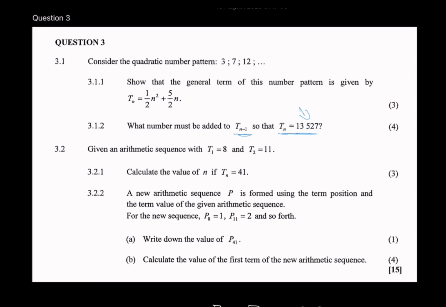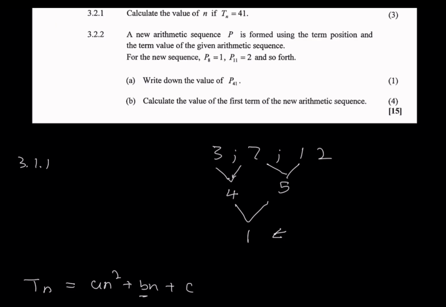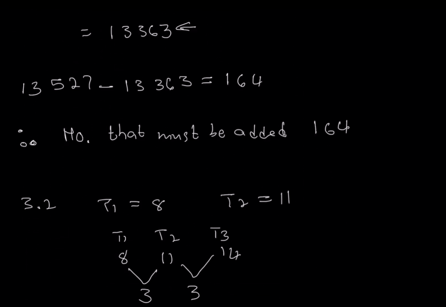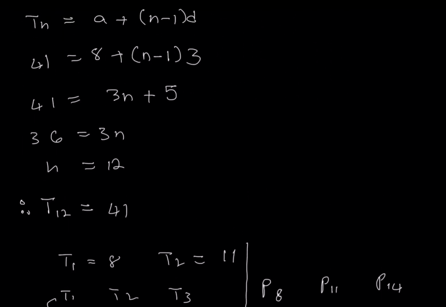And they even gave it to you. So now they're asking, write down the value of P41. Remember, what did we do above? We calculated T12, and the question is saying they want P41.